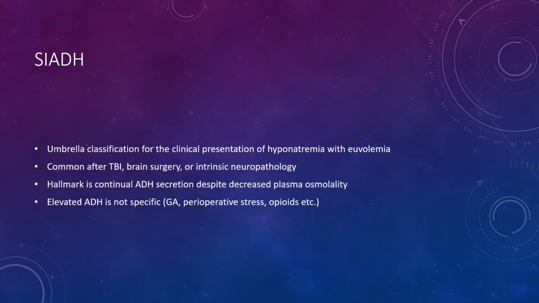First is SIADH. This is an umbrella classification for the clinical presentation of hyponatremia with euvolemia, and it's common after traumatic brain injury, brain surgery, and in intrinsic neuropathology. And the hallmark is continual ADH secretion despite decreased plasma osmolality.